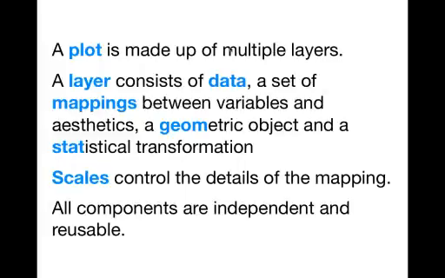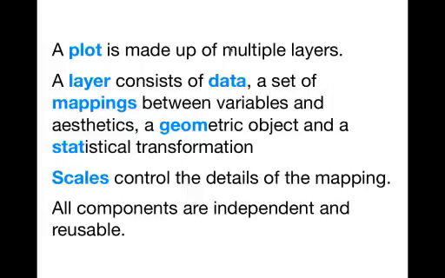So for example, when we're drawing a histogram, we're not displaying the raw data, we're binning the data up and then displaying the counts. As well as layers, we also have scales. So the scales are the things that control the details of the mapping. So exactly how are our variables, or our numbers, for example, mapped to the colors. So there's many possible ways you can do this. Some are good for some problems, some are good for other problems.